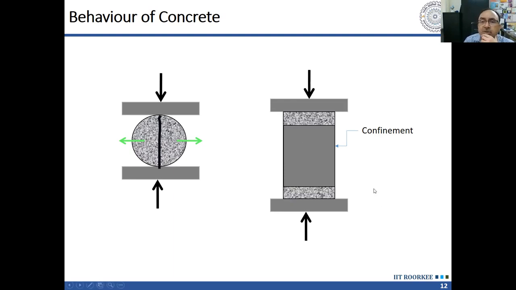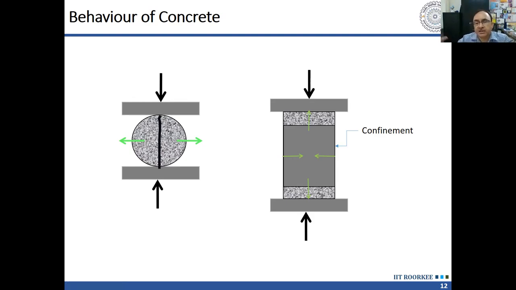No. What will happen? When I subject it to compression, it will try to expand, and the sleeve which I have provided all around, this tube, will be subjected to hoop tension. As a result, it will apply a confining pressure on the concrete, and this confining pressure is radial compression.